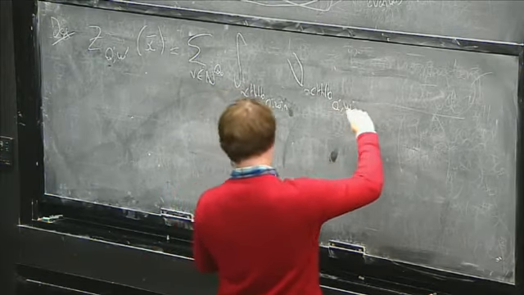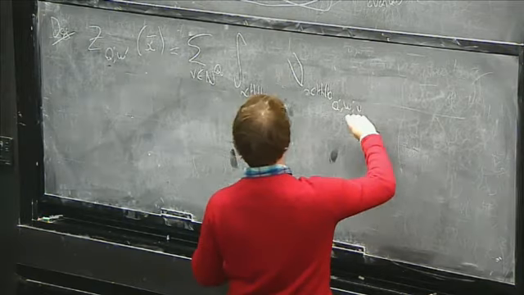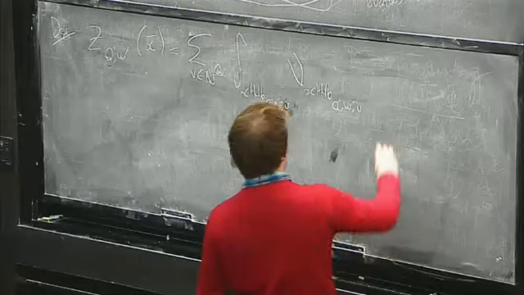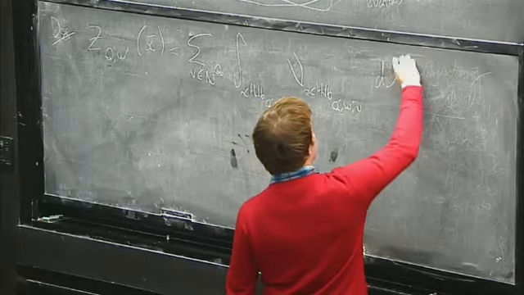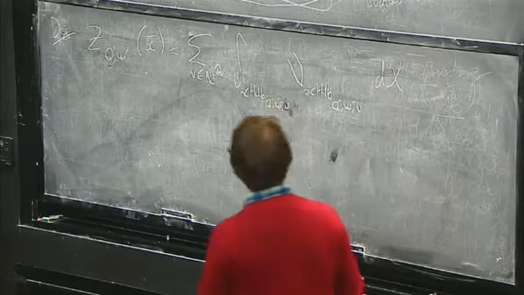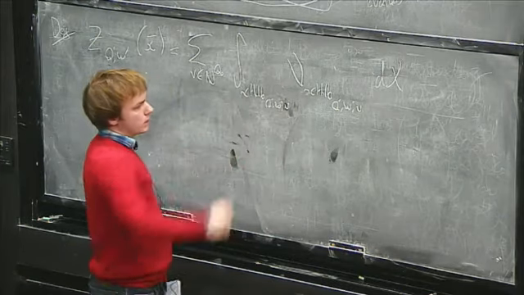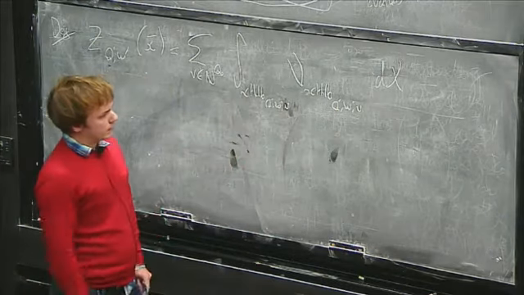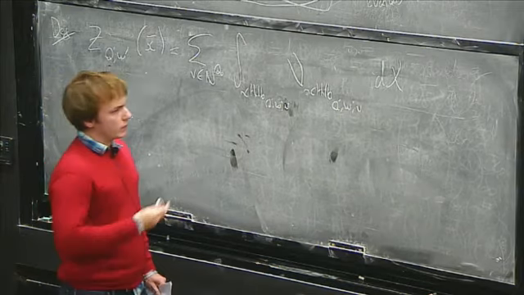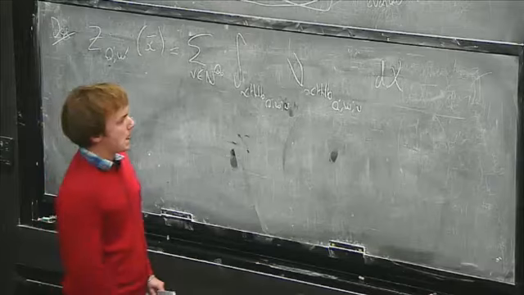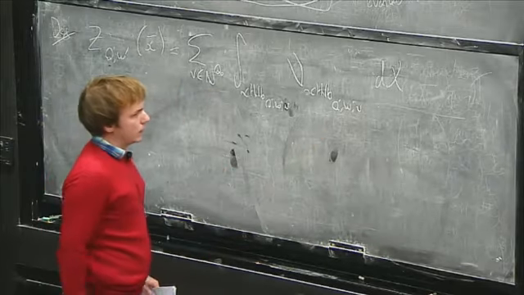So I'll explain what this thing is meant to be. So this is the integral over the moduli scheme of a constructible function, i.e. a function, in this case, to the integers, such that the preimage of any integer is some constructible subscheme, integrated with respect to the Euler characteristic.